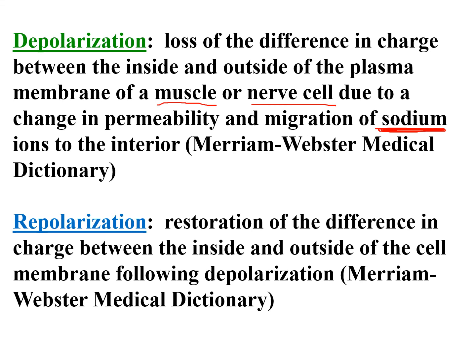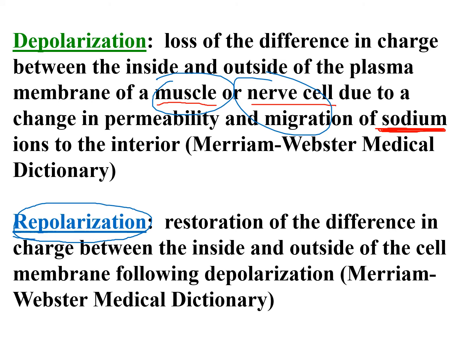If we restore the previous charge scenario before the sodium flooded in, which we would actually do, and we'll talk about that in a few moments, then we would use the term repolarization. So this is a restoration of the charge between the inside and the outside of the cell membrane. In this case, we're going to talk about cardiac muscle, but it could also be applied to neurons.